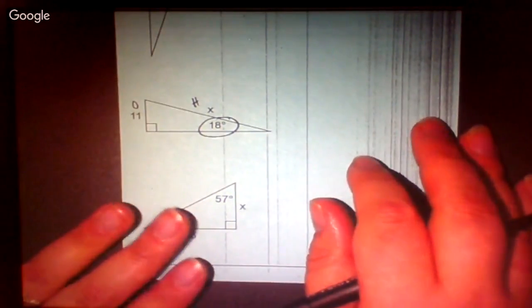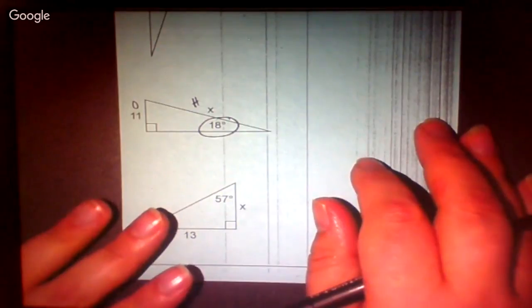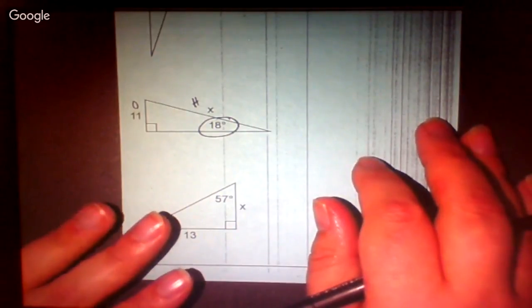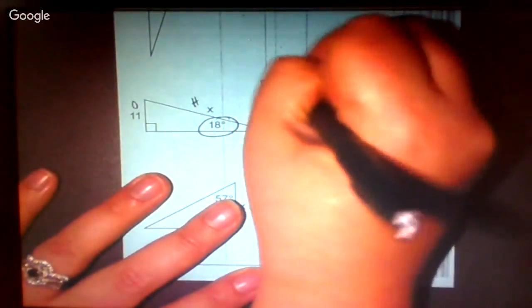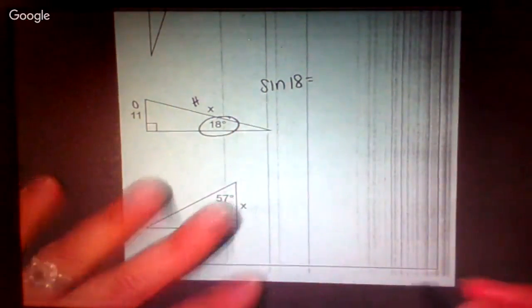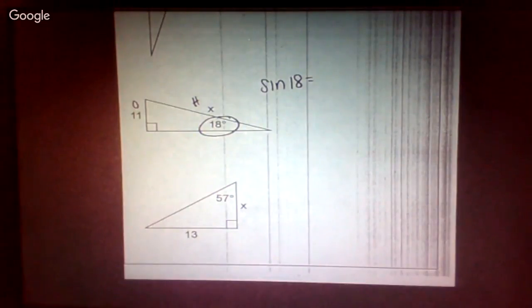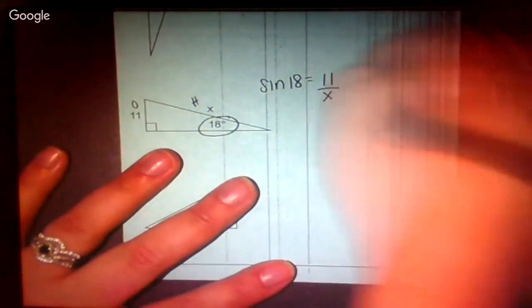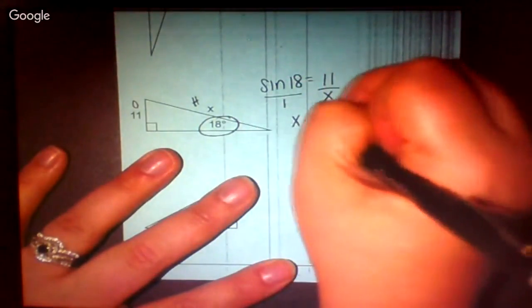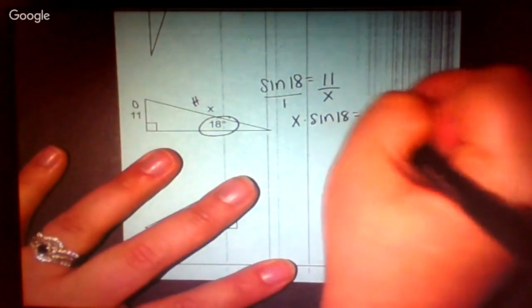You have O and H. SOHCAHTOA. O and H means we use the sine of my angle. It's SOH. So what goes on the top? 11 over X. Good. So when I cross multiply this time, I get X times the sine of 18 equals 11.